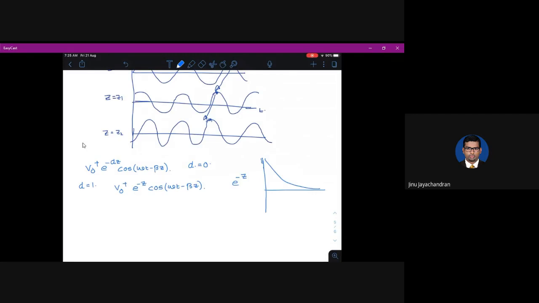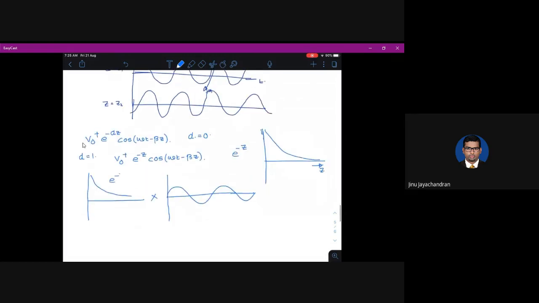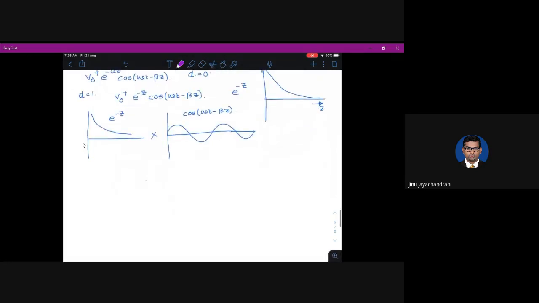So when you increase z, the graph decreases, and you are multiplying this with cos of omega t minus beta z, which will be some kind of a sinusoidal waveform. So this is e raised to minus z, this is cos of omega t minus beta z. So the resulting waveform will look like this.